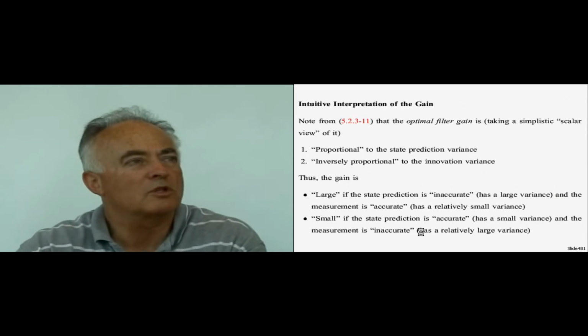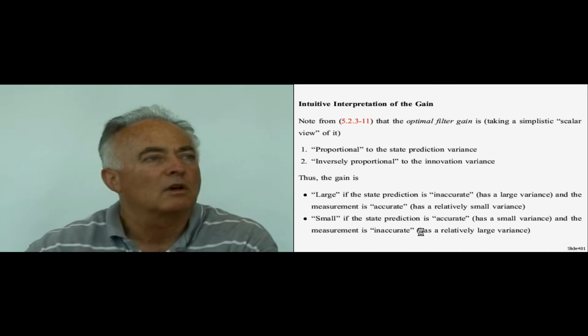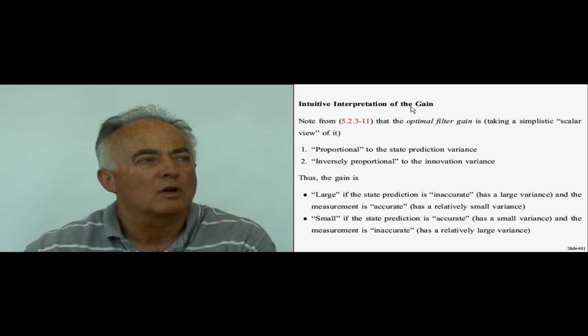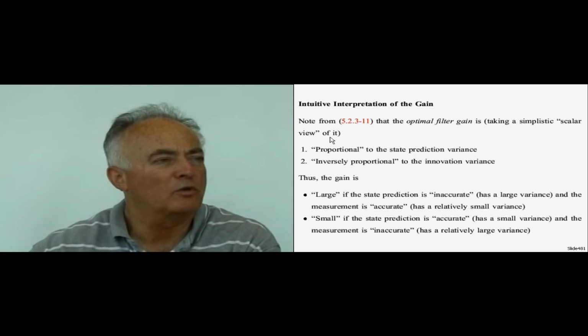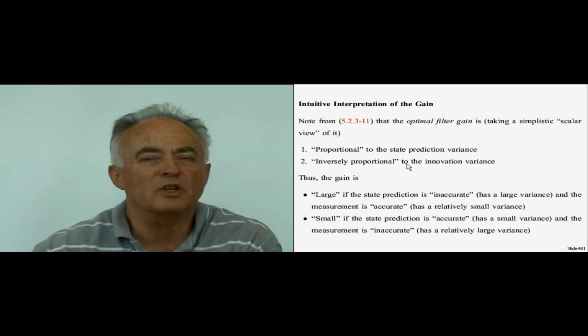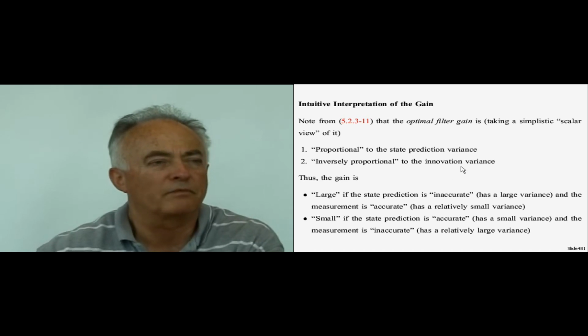Now, we can always use a little bit of intuitive interpretation of the gain. The optimal filter gain, if we look at equation 5.2.3-11, in a simplistic scalar way of looking at it, is seen to be proportional to the state prediction variance, that's the P k plus 1 given k, and inversely proportional to the innovation variance, that's the S k plus 1.